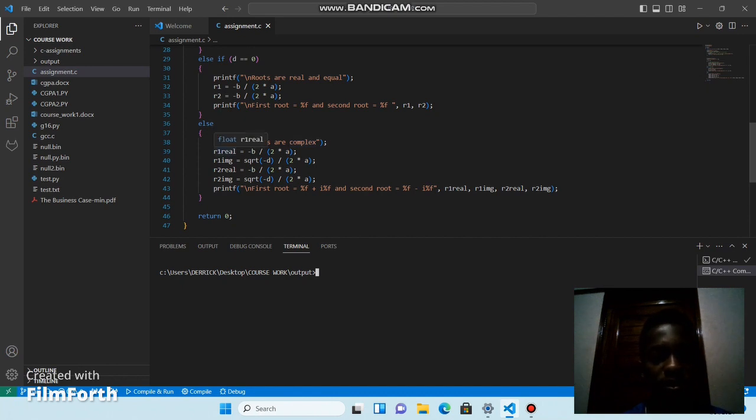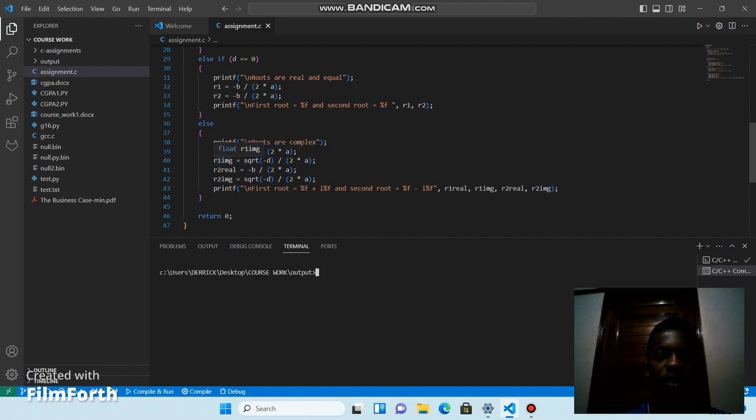Then the first root. In complex roots, if you remember our mathematics very well, the roots have a real and an imaginary part. Now you have two roots, root 1 and root 2, and both have the imaginary and the real part. So for the real part, since the determinant is 0, it's negative b divided by 2 times a.